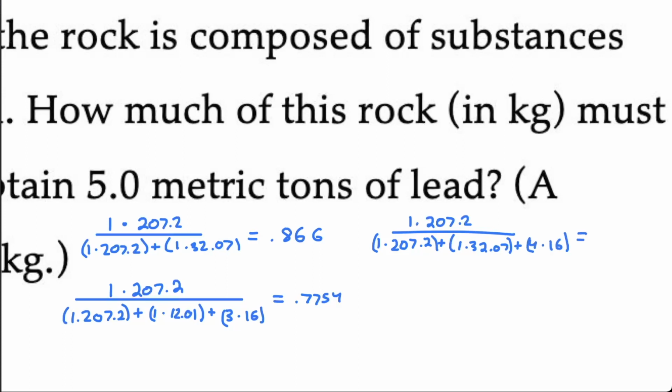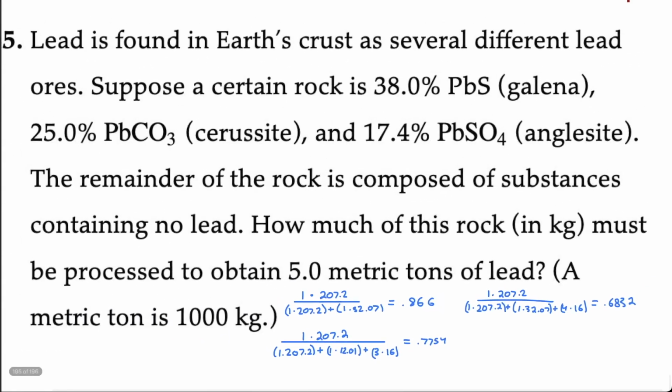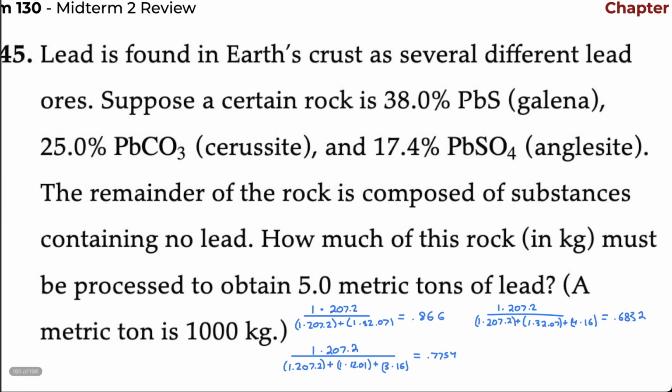And this is going to give us a fraction or decimal of 0.6832. So 68.32%, right? So now we have the percentages of how much lead is in each of these molecules. So 86% of this is lead, and 77% of this is lead, and 68% of this is lead, right?